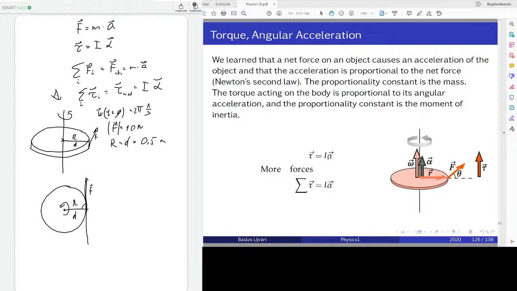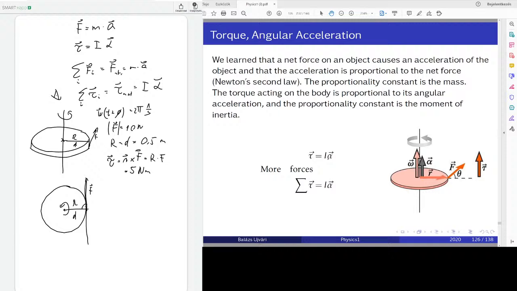So tau equals r cross force, but since they are perpendicular, this will be nothing else, just r times F, which is 5, and the Newton meter is the unit for the torque. How will it accelerate this body?